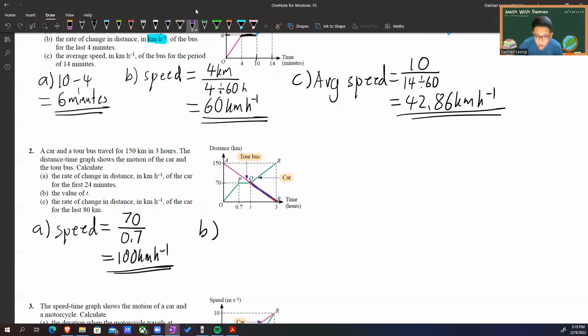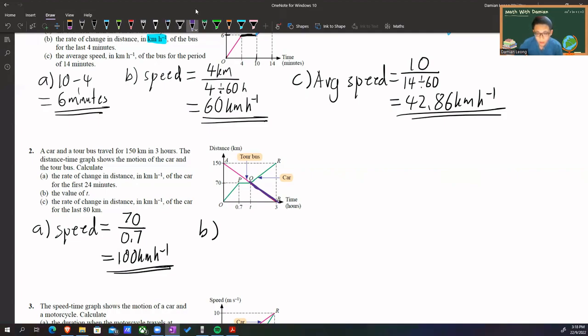I can compare this part of the journey with the whole journey of the bus. Basically, the speed again doesn't change no matter how much of the journey we take.